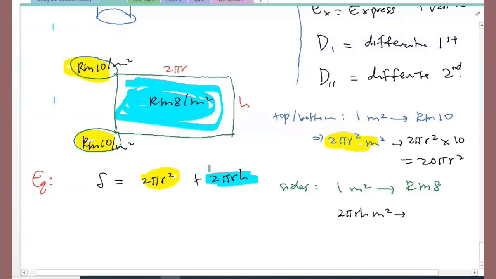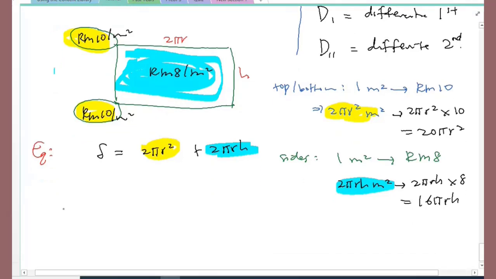The blue one, the cost is 2 pi RH times 8 ringgit. So 16 pi RH ringgit. So we are talking about cost.